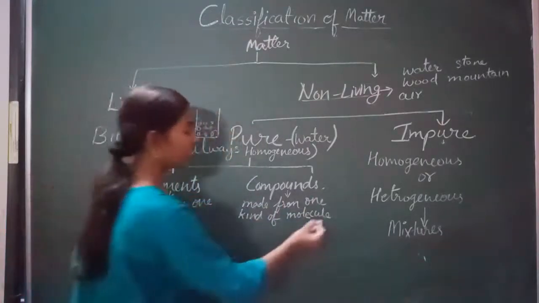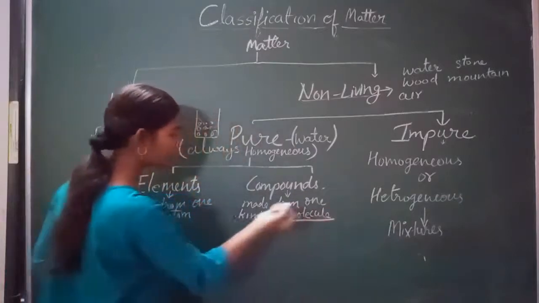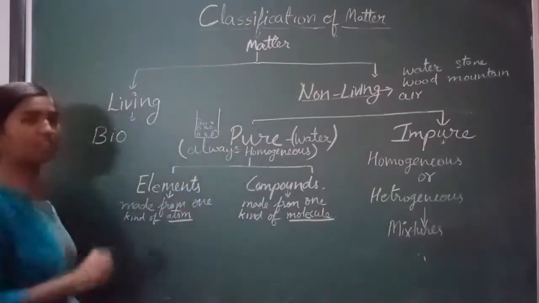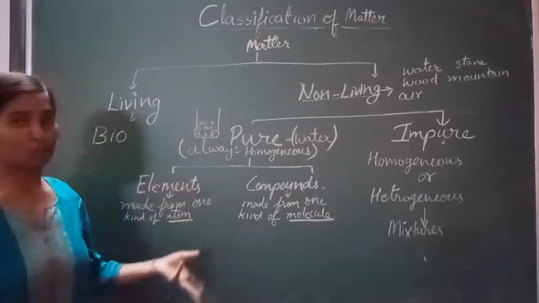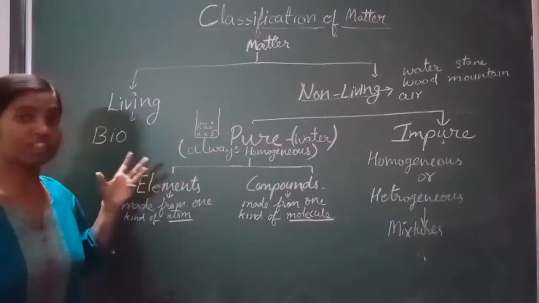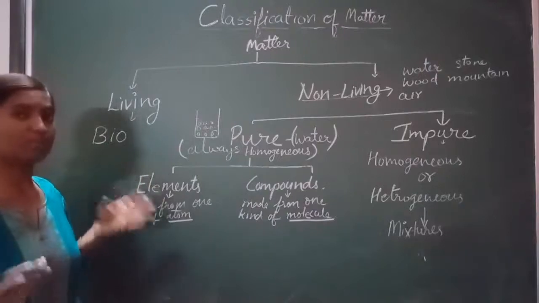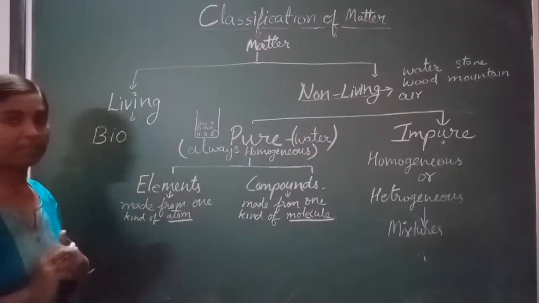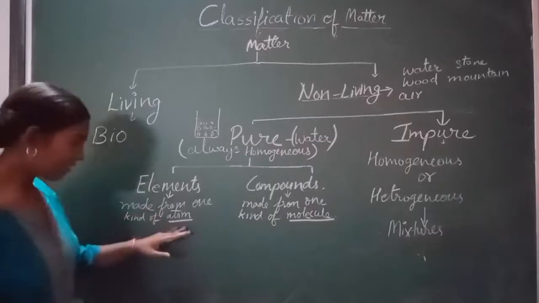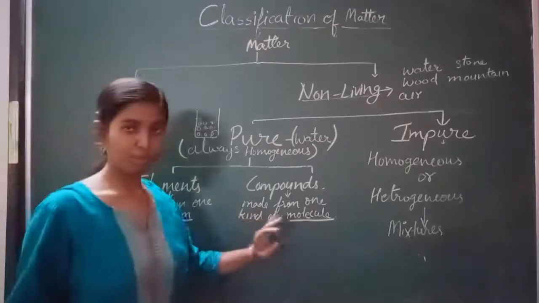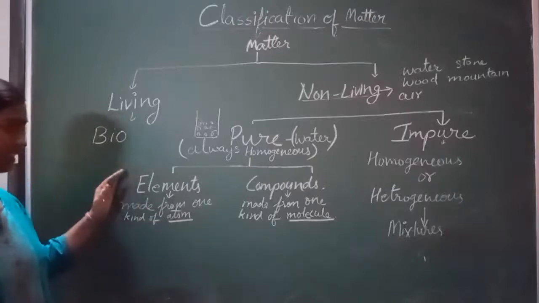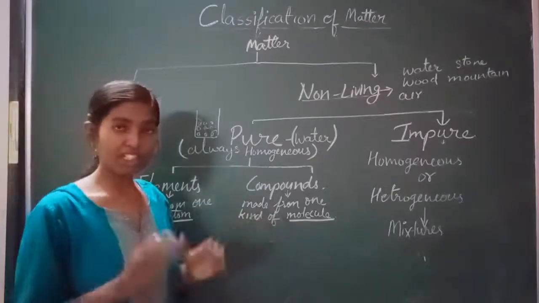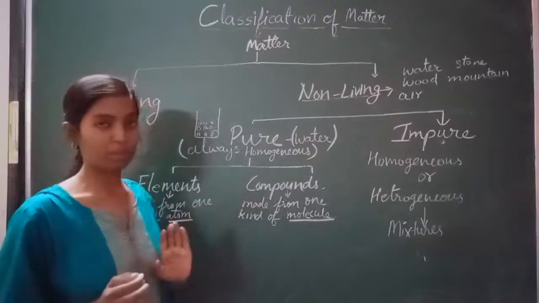I hope this concept is very clear to you. Molecule and atom are different. As it is pure, it will be the same throughout. At the top the same thing is present, at the bottom the same thing is present in that matter. But it will be either atom or molecule. If many atoms are kept together, then it is an element. If many molecules are kept together, then it is a compound.